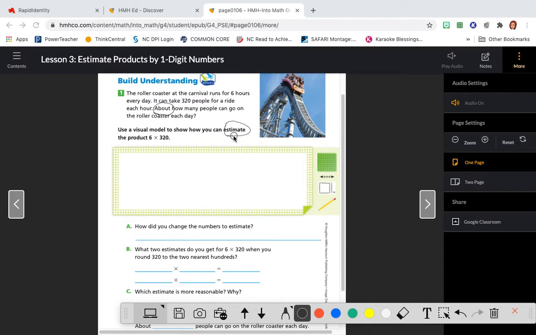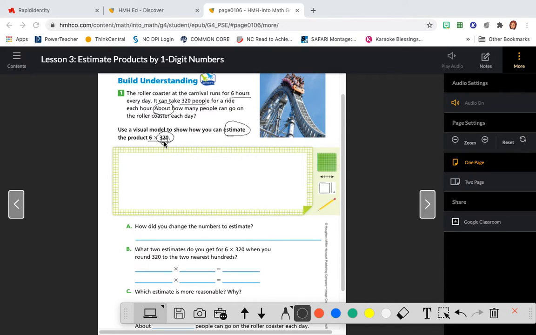So it says use a visual model to show how you can estimate the product 6 times 320. So remember, they're looking at 6 hours, and each hour 320 people. So that's where they got that multiplication equation. So the first thing I need to do is round to a number that's easier to multiply. So I'm going to look at my bigger number.